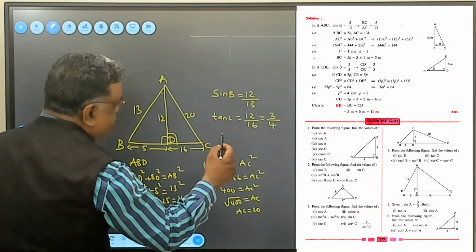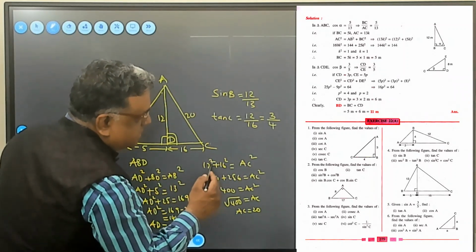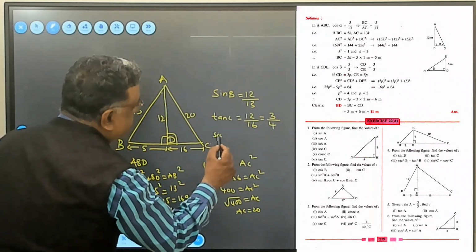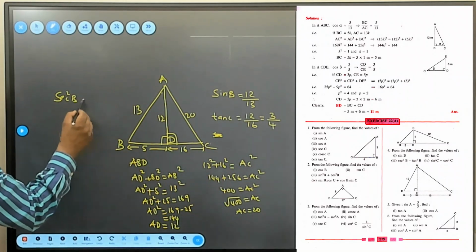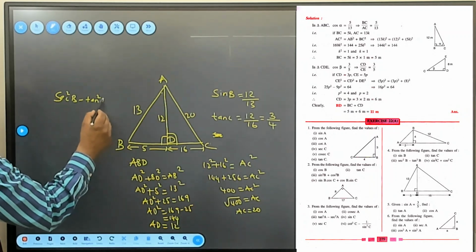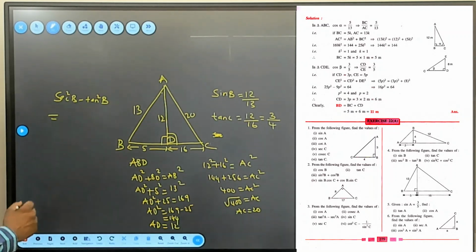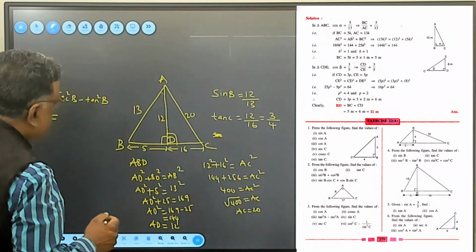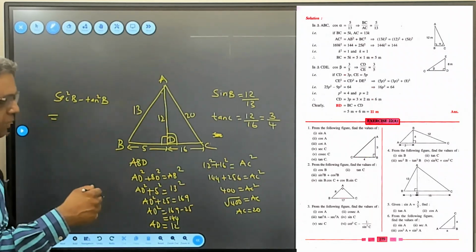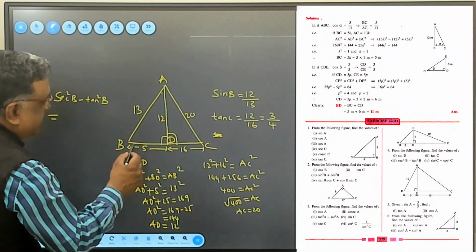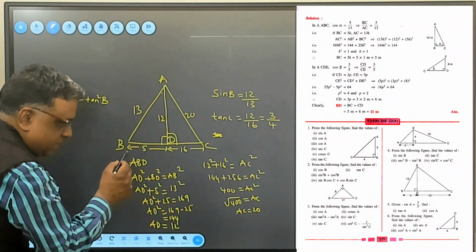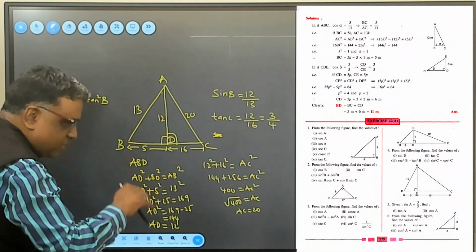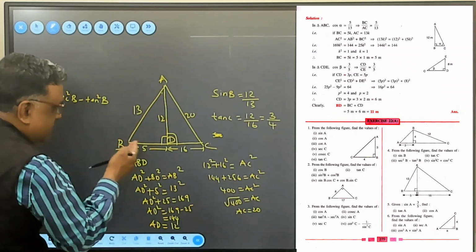Then next is sec square B minus tan square B, which I will write here. So what is sec square B? Cosine is adjacent upon hypotenuse. So sec will be the reciprocal of cosine, which is hypotenuse upon adjacent.